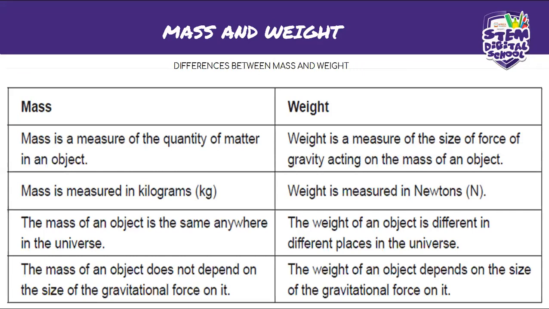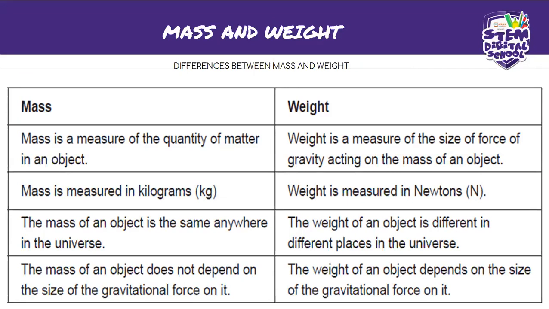Now, this is a table trying to summarize the differences between mass and weight. So take note of this. Even in grade 10 it is going to be the same, and in grade 12 and upwards. If you are asked to tabulate two differences, or to differentiate using a table, this is what you can do.